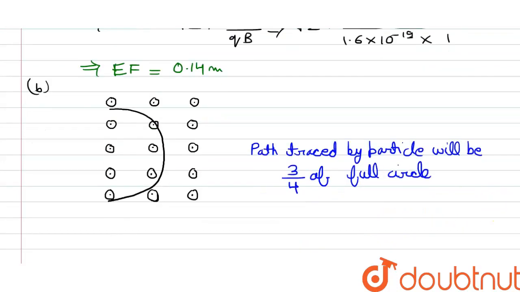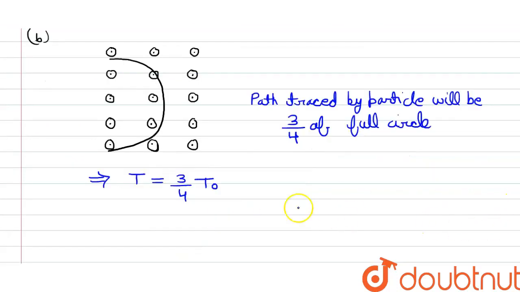So time taken by the particle will also be 3/4 of the total time taken to trace full circle. So we can write down time T will be 3/4 multiplied by T node, where T node is the time taken by the particle to trace full circle.